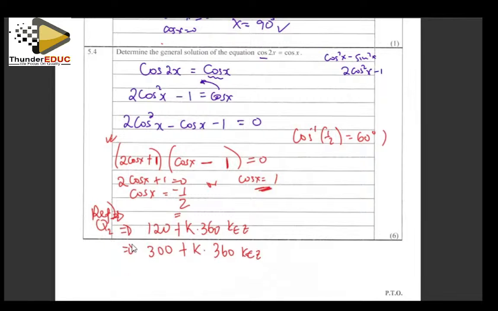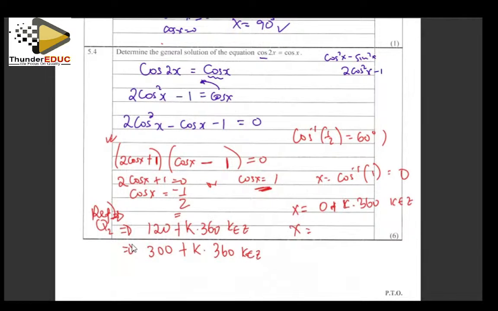When we look at this other solution, cos x is equal to 1. So the reference angle is going to be the arc cos of 1. Shift cos of 1 gives me a 0. So the other solution is 0 plus k times 360, k is an element of integers. We don't need to write the 0, you can just say k times 360.